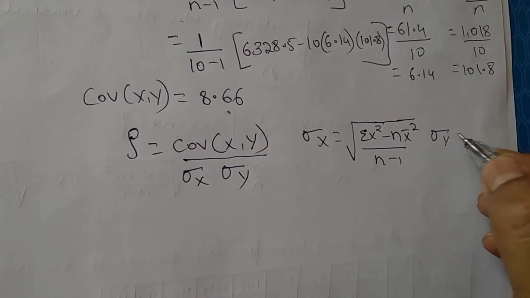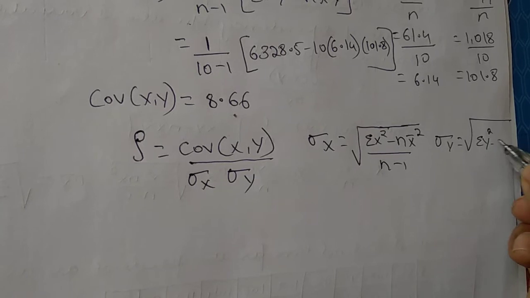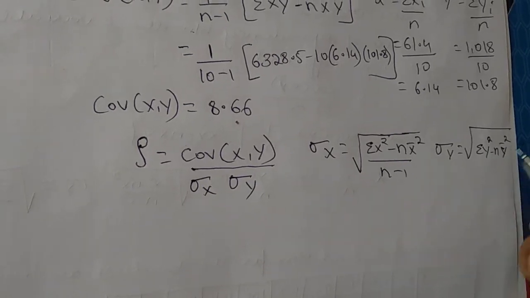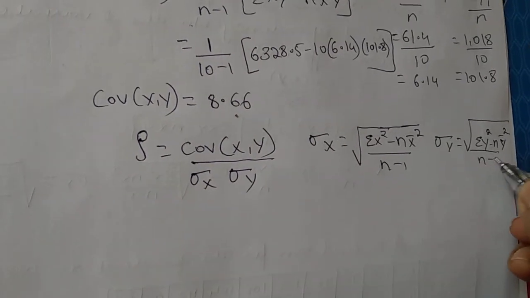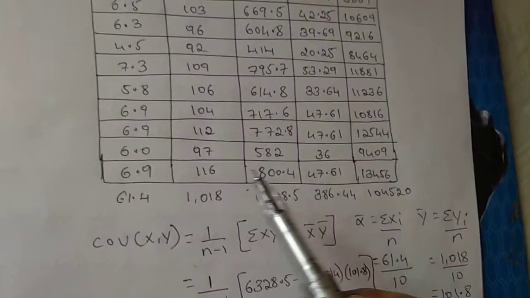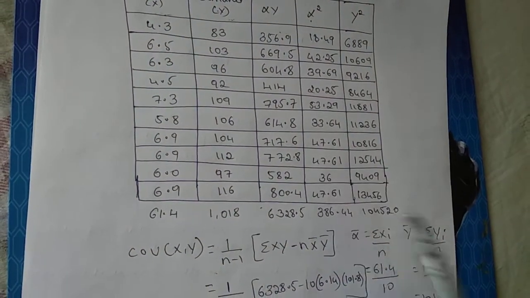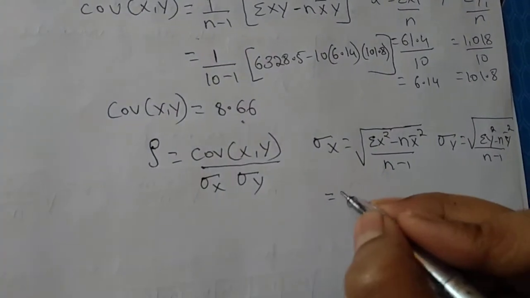In the same way, sigma y is equal to square root of summation y square minus n into y bar square divided by n minus 1. So here we know the value of summation x square, is it not? X square, here we have calculated, it is 386.44.